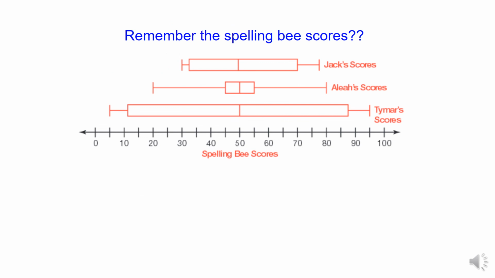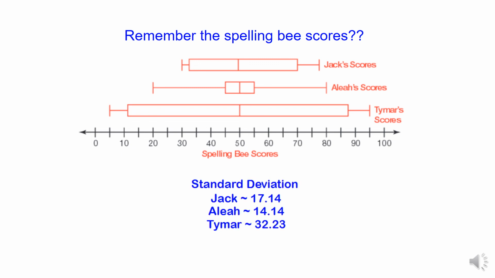Okay, before we finish up, I just want to remind you that if you looked at the spelling bee scores from the last slide, remember that we had the standard deviation that we calculated for each of these students, and his was the highest because he had the biggest spread. So remember, standard deviation is a measure of the spread of the data.